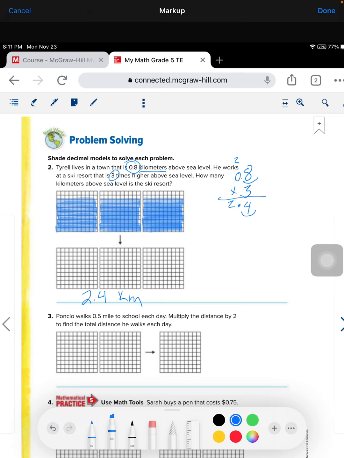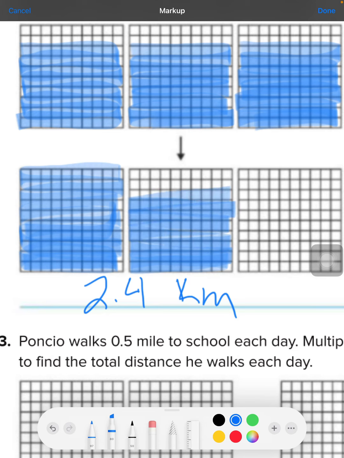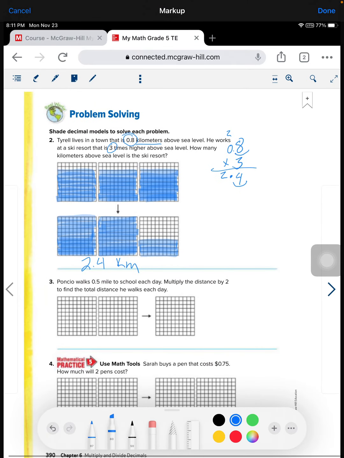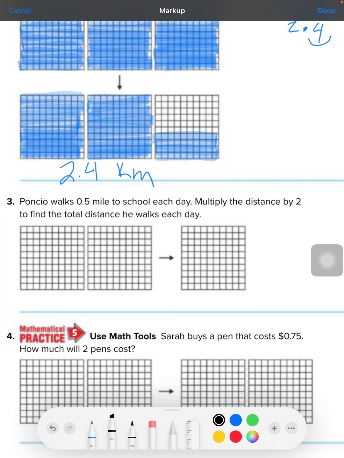Now we've added them together, so on the second batch of squares, we need to fill in 2 full squares and then 4/10 of the other one. There's our answer.